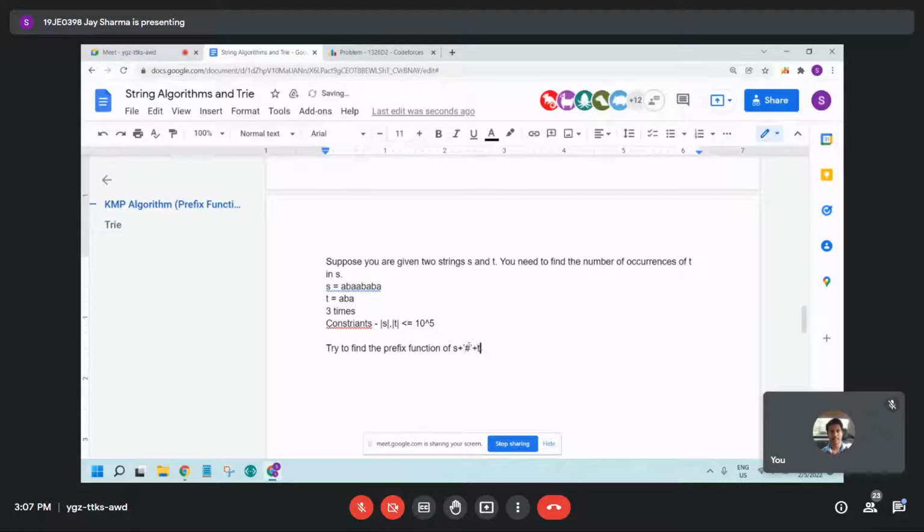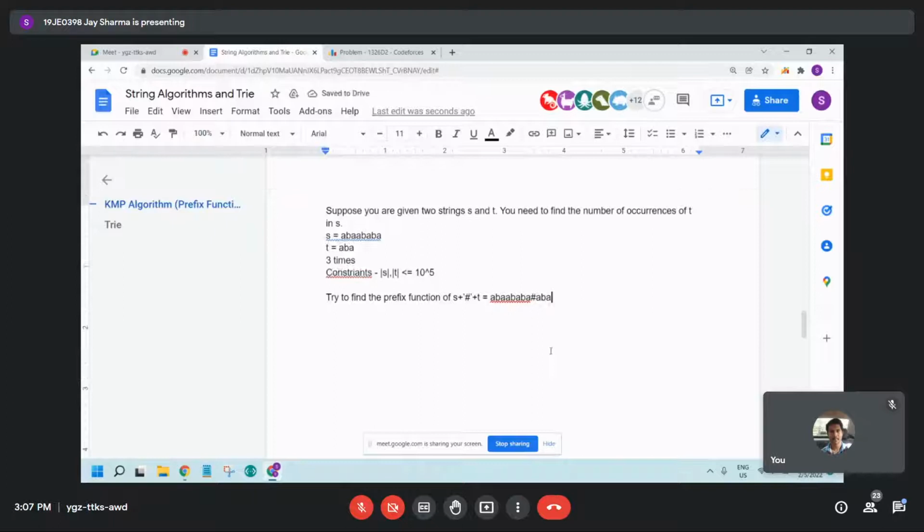This is just a single character hash you are inserting between s and t. So the string will become something like A B A B A B A hash A B A. So try to find the prefix function of this thing and try to relate it with our problem, if you can see any similarity between these two.